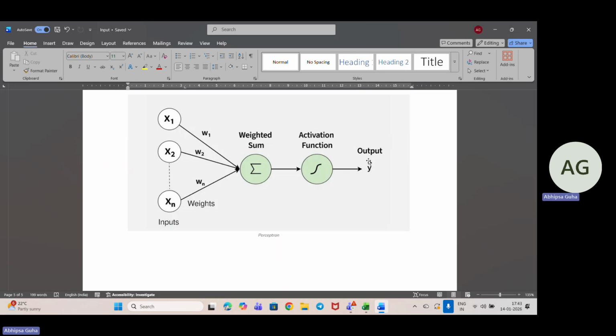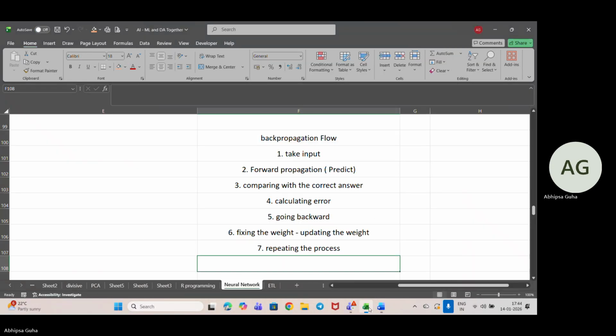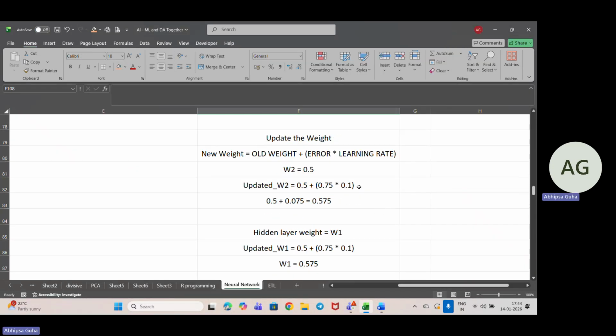Okay, so for the perceptron the formula comes out: new weight equals old weight plus learning rate times error times input. Okay, so here we have taken it based on this area.